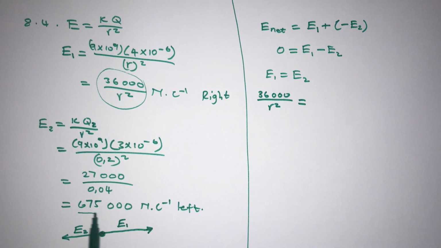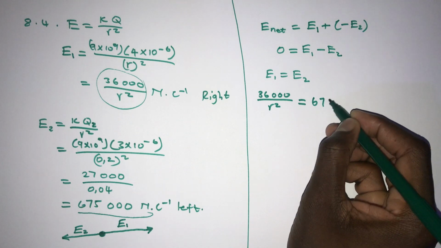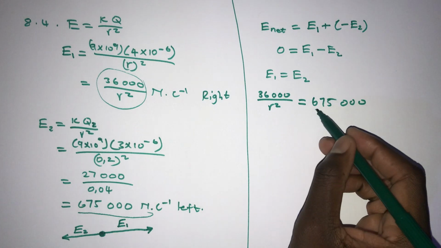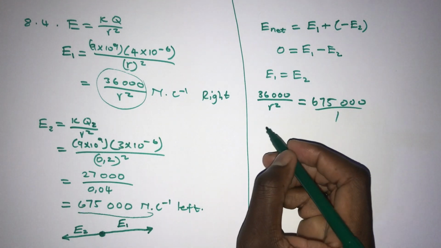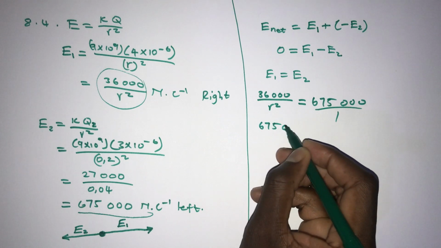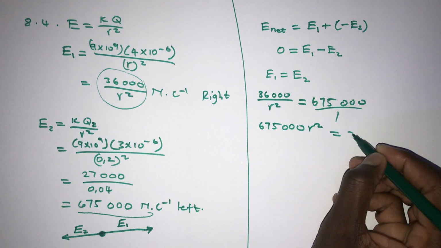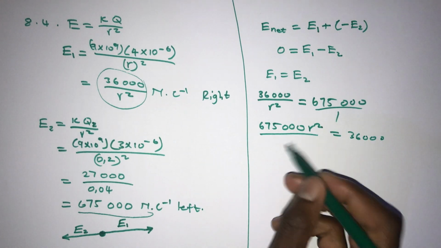E2 is 675,000, over 1. So we cross multiply now. We're going to have 675,000 multiplied by R squared equals 36,000.